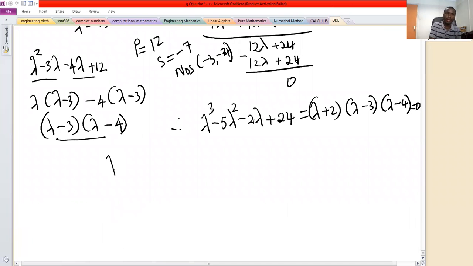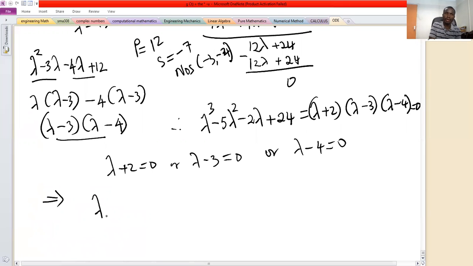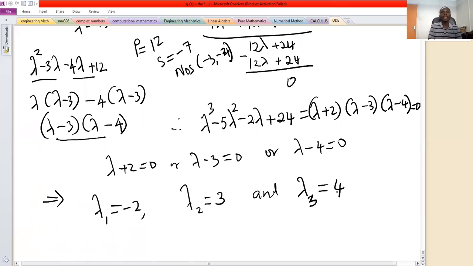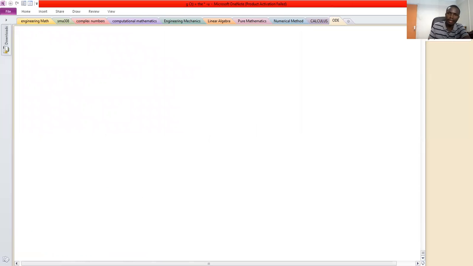And you see, we'll have lambda plus 2 equals 0, or lambda minus 3 equals 0, or lambda minus 4 equals 0. So this implies lambda 1 is minus 2, lambda 2 is 3, and lambda 3 is 4. Those are the eigenvalues. Let's now get the eigenvectors.